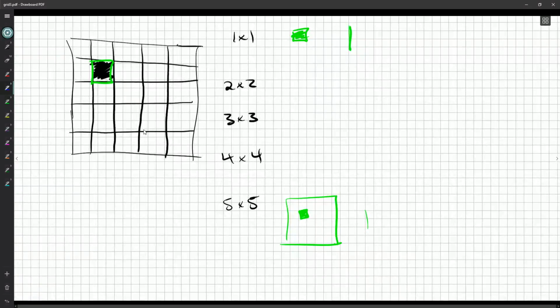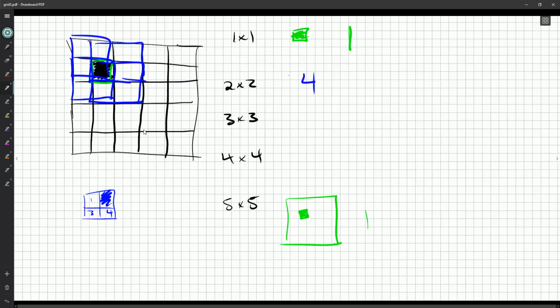Well, a 2x2, they're kind of small. And so when I think about a 2x2, there's sort of 1, 2, 3, 4 positions that could be my shaded square. And if we look, there's 1, 2, 3, and 4 ways to get that shaded square inside a 2x2 position.